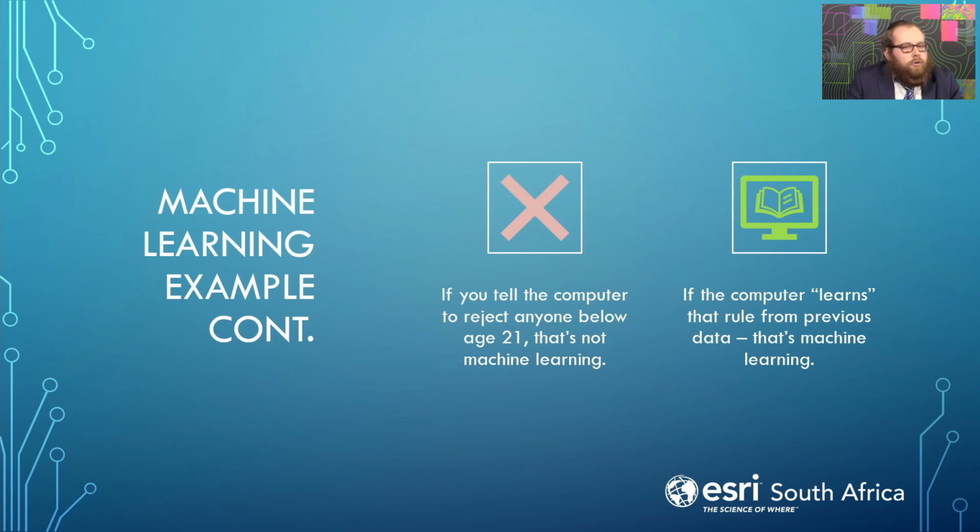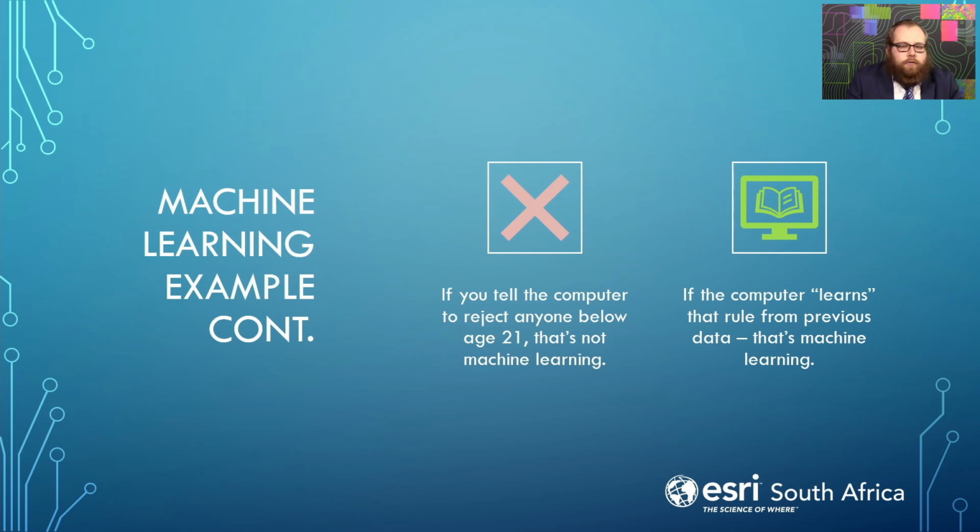Now one could go about it in two ways. One could explicitly program the computer and say, assess the age of the applicant in the application, and if the age is below 21, reject it. That's not machine learning. That's what we referred to before as explicit programming. We've explicitly told the computer, if it's below age 21, reject.